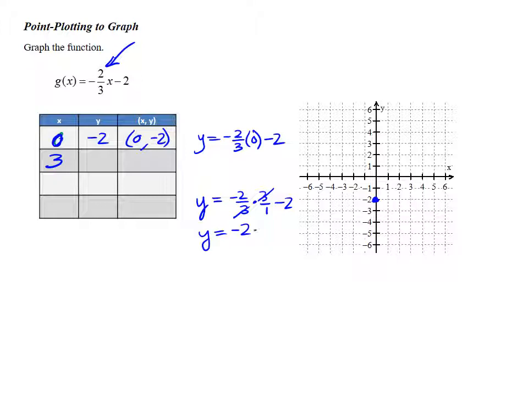So I get negative 2 minus 2, or negative 4. So 3, negative 4 is another solution, and these are whole number values, so much easier to graph on the grid. 3 and negative 4.